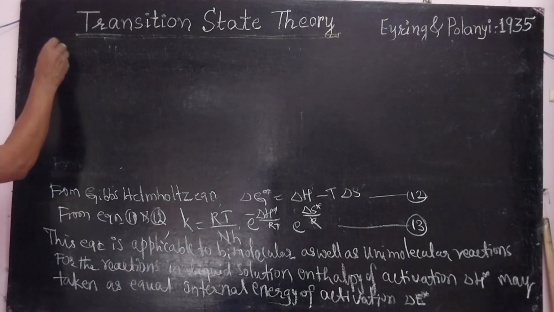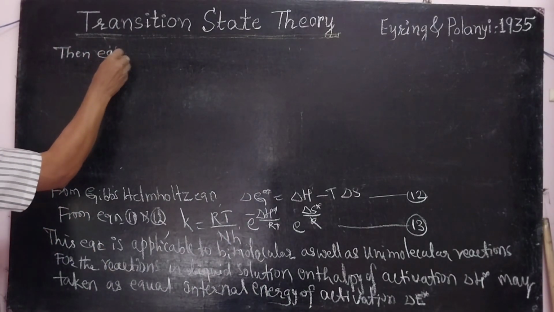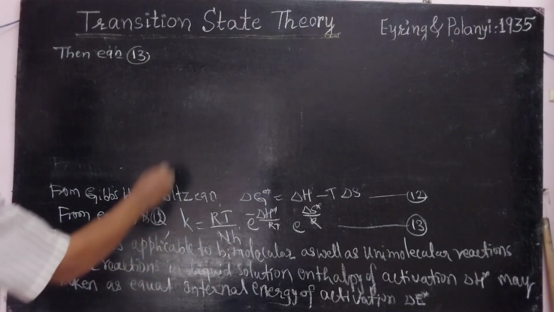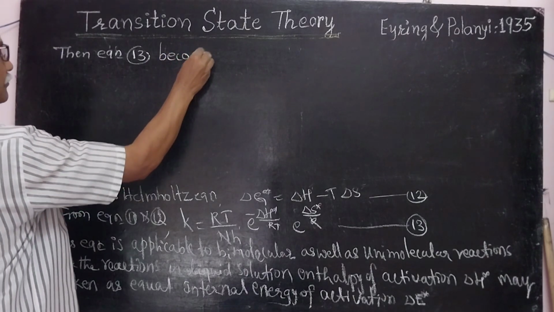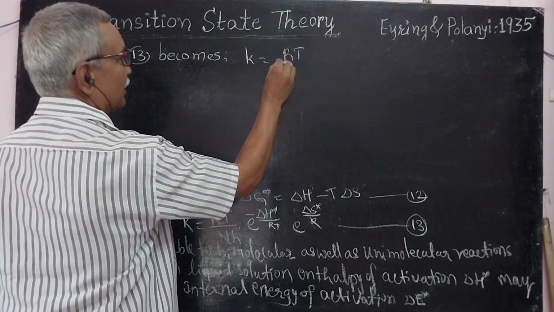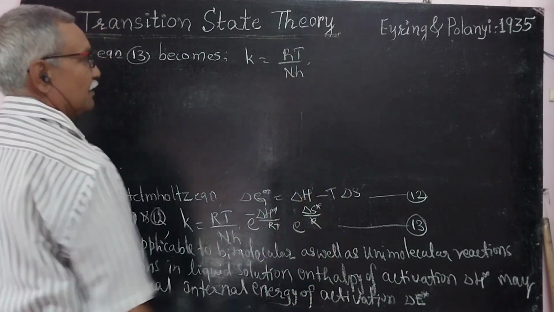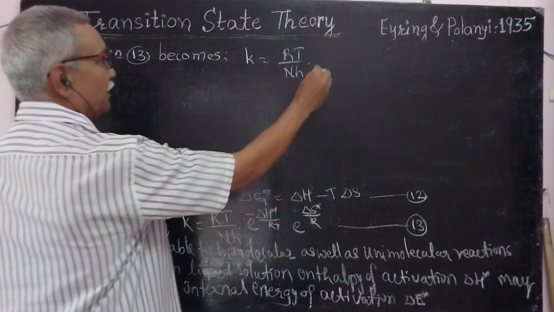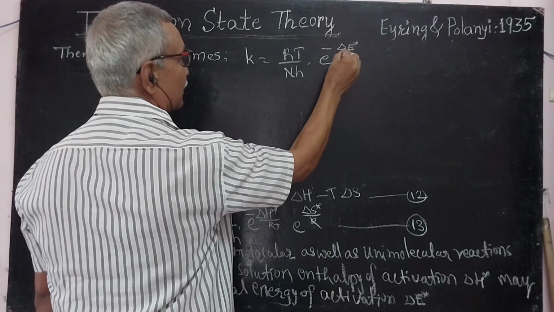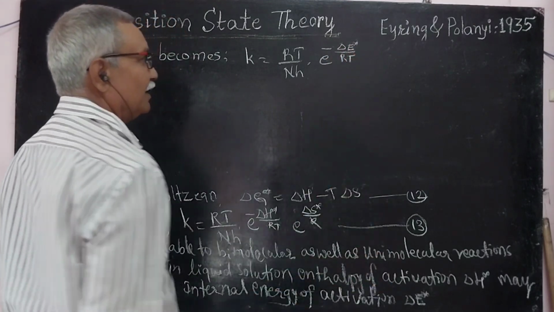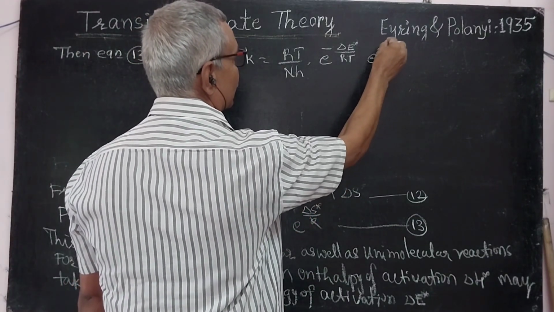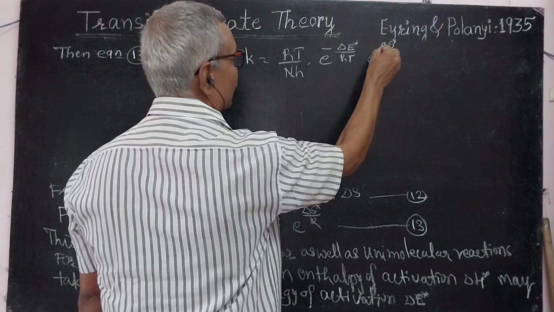Then equation 13 becomes k equal to RT divided by Nh into e raised to minus delta E star divided by RT into e raised to plus delta S star divided by R.